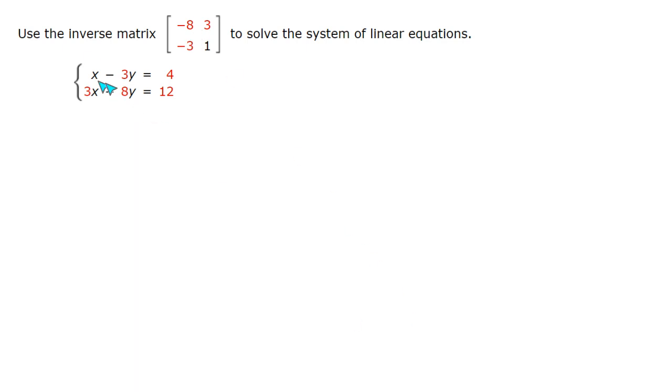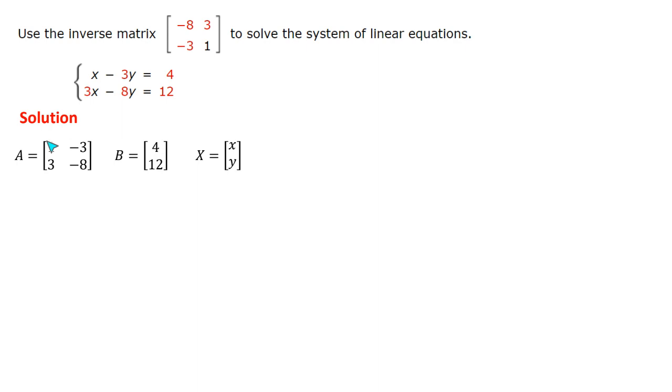But whenever you have a system, then we can make up some things here. So the matrix A is going to be the coefficients. So in this example, x is 1, y is -3, x is 3, and y is -8. So this is your coefficient matrix.